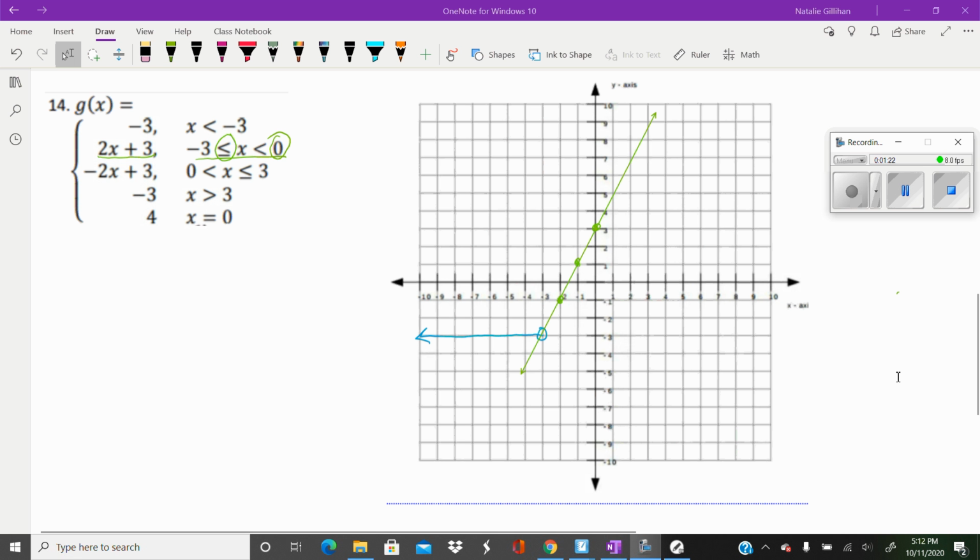Now the only thing left to do with this equation, 2x plus 3, is to figure out where we cut it off. At the left, we have a closed circle at -3. So if I go to -3 and we go down here, there is a closed circle here. Obviously, we've got some overlapping, and we're going to erase everything to the left of that.